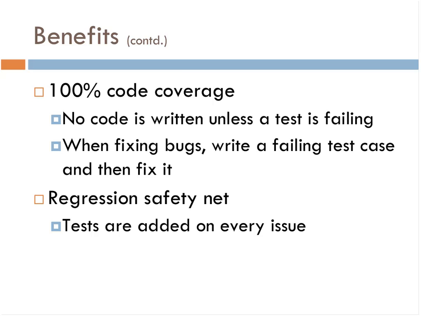So it's automatically a regression safety net for you. It helps prevent regression right at the developer's end. And obviously you run the whole test suite. If any issues are found, then again you have a failing test which you need to fix, and that cycle continues.